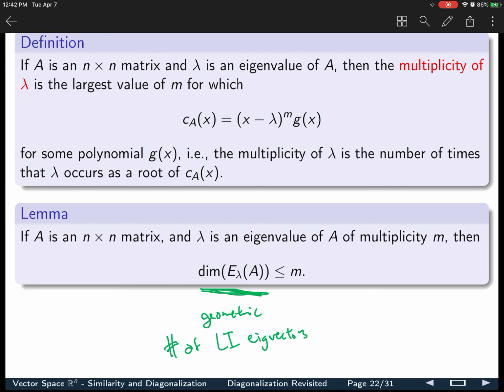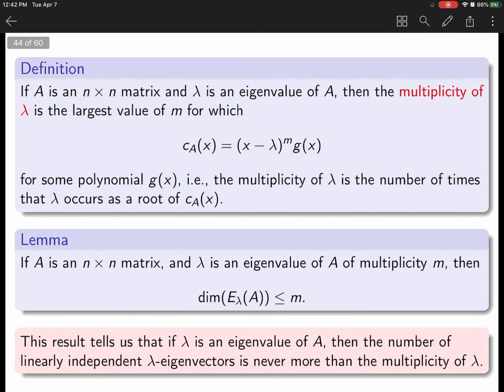And that's when we're not diagonalizable. So this is exactly what I just said. This result tells us that if lambda is an eigenvalue of A, then the number of linearly independent lambda eigenvectors is never more than the multiplicity of lambda.